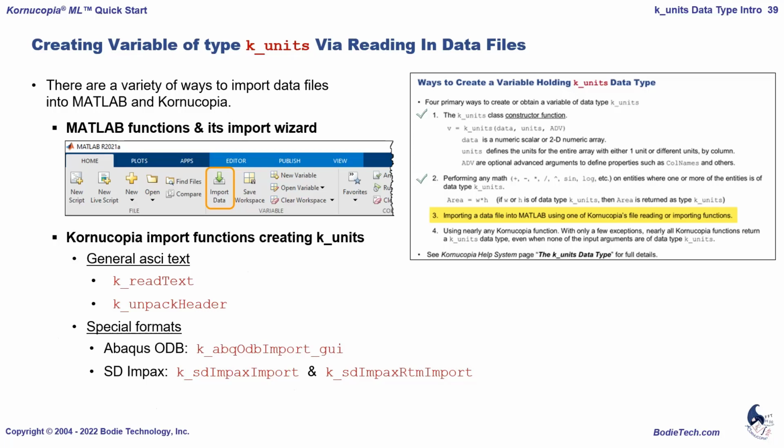A little bit later, we will demonstrate several Kornucopia functions to read in data from text files, as well as how to read data directly from Abacus ODBs if you're an Abacus user, or Spectral Dynamics data acquisition software files if you're an SD Impacts user.